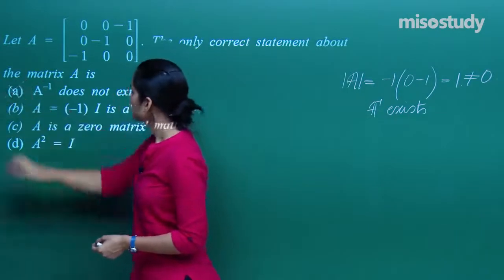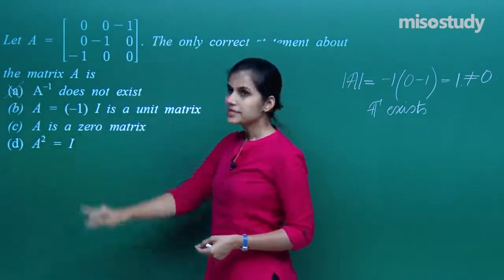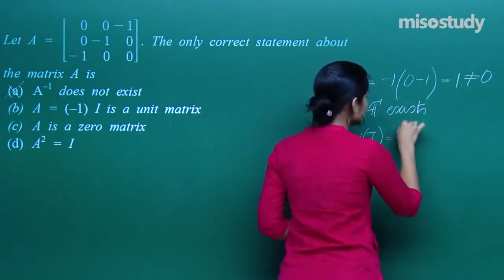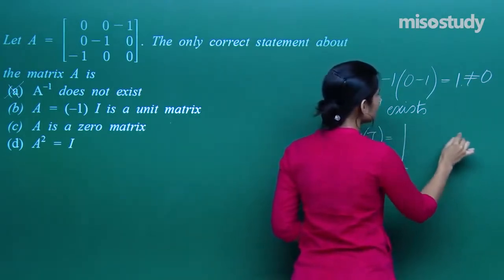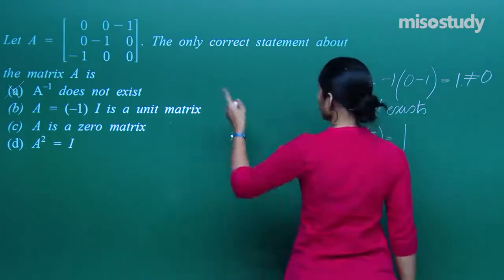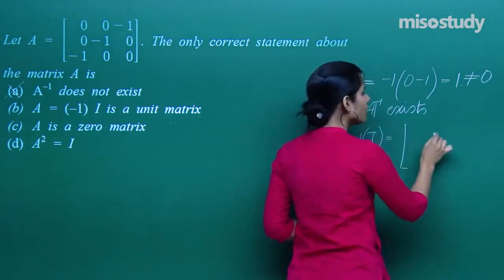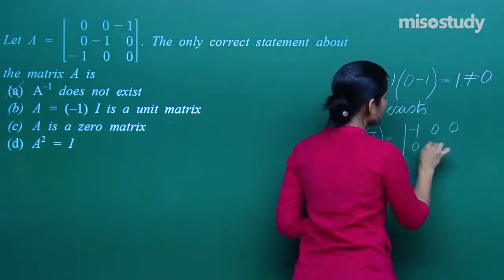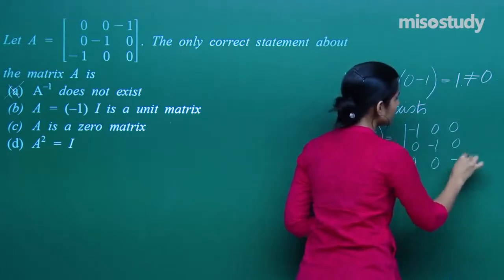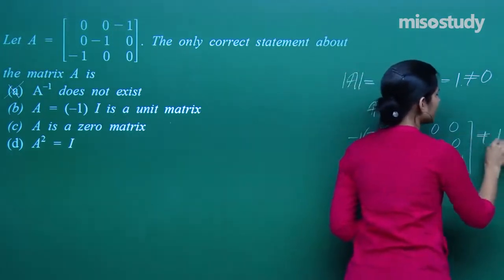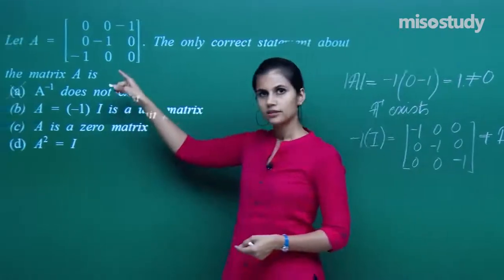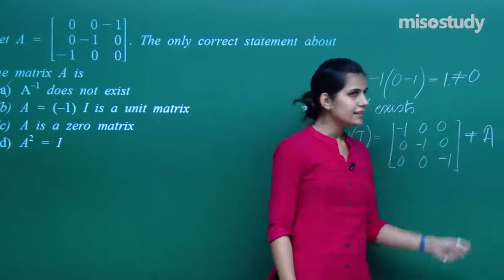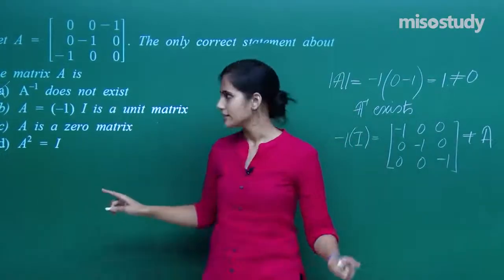And so this option is wrong. Minus 1 times identity: if I talk about the identity matrix of order 3, it is 1 0 0, 0 1 0, 0 0 1, which when multiplied by minus 1 gives me minus 1 0 0, 0 minus 1 0, 0 0 minus 1, and this is not my matrix A. The off diagonal entries are minus 1, but over here the main diagonal entries are minus 1, so both these matrices are not the same.